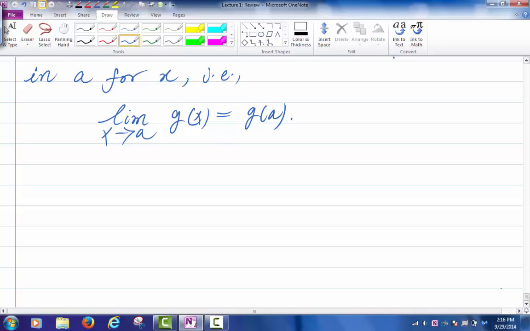So altogether what it implies is that a root function is continuous on its domain.